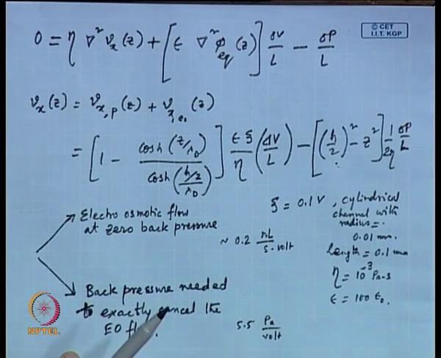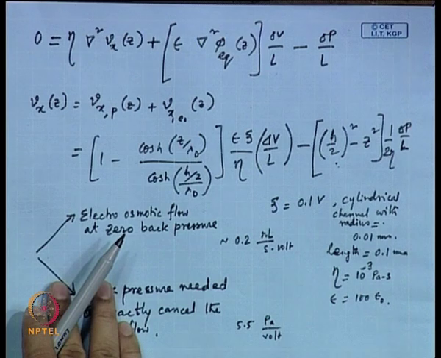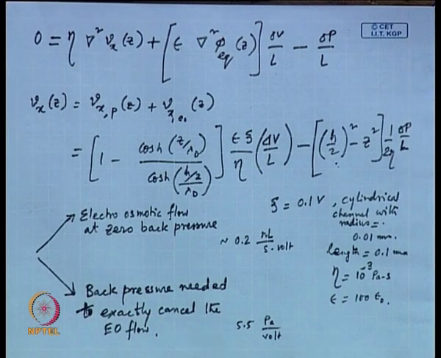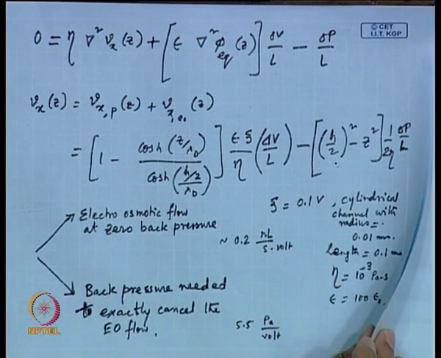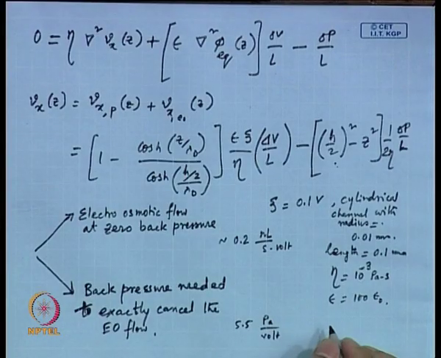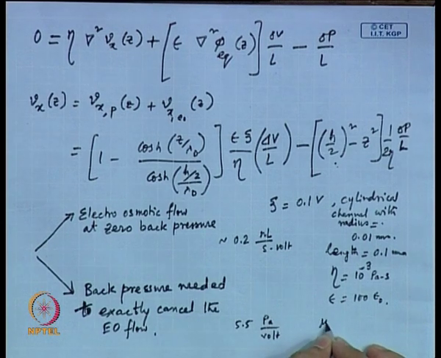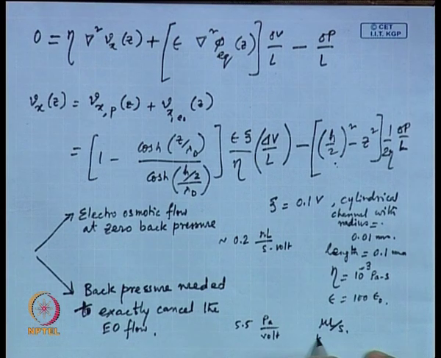If you have a large number of channels, then this problem can be circumvented, and in fact you can have flow rates on the order of microliter per second and pressure drops of several kilopascals.